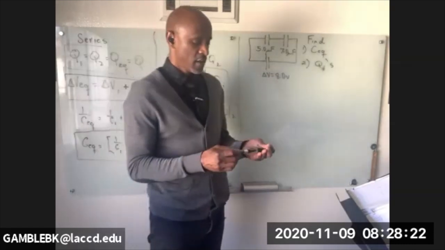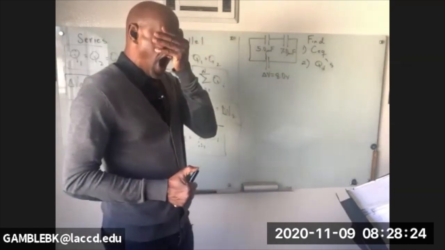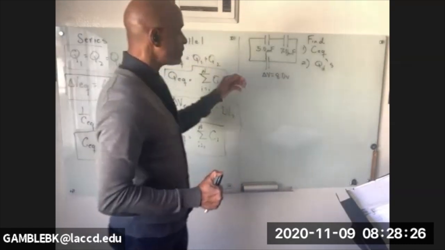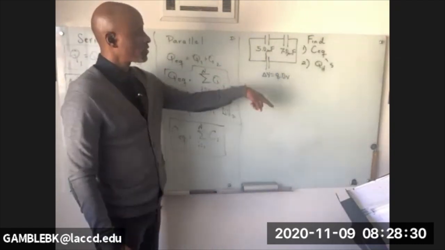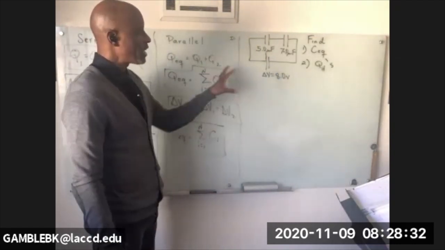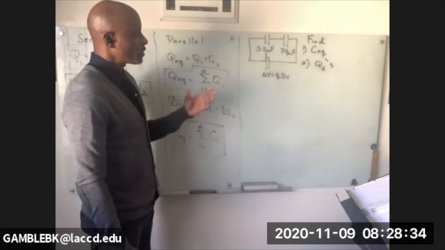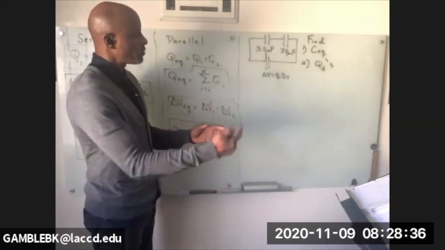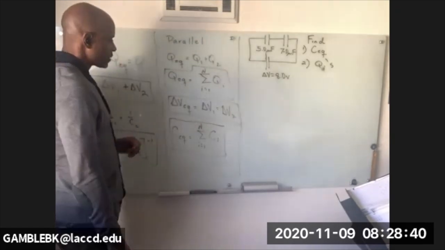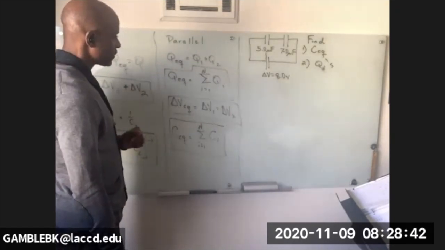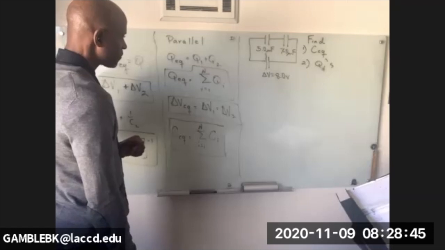Statistically, students try to take shortcuts, where you do it in your head, but I would suggest redrawing the circuit every time you have to add something. Then once you get to equivalent capacitance, you backtrack, finding the charge. You'll see what I mean as we move along.